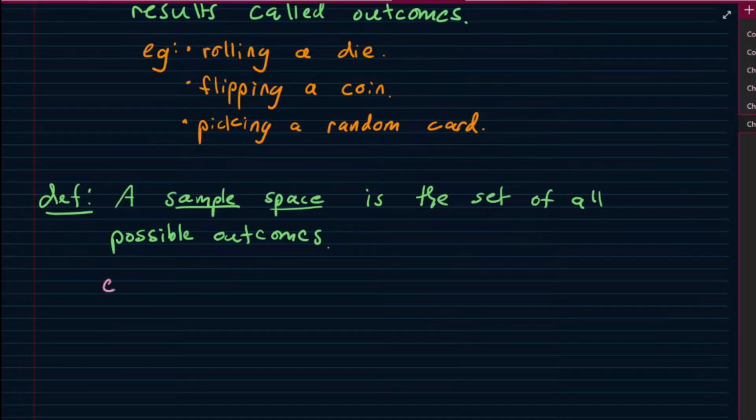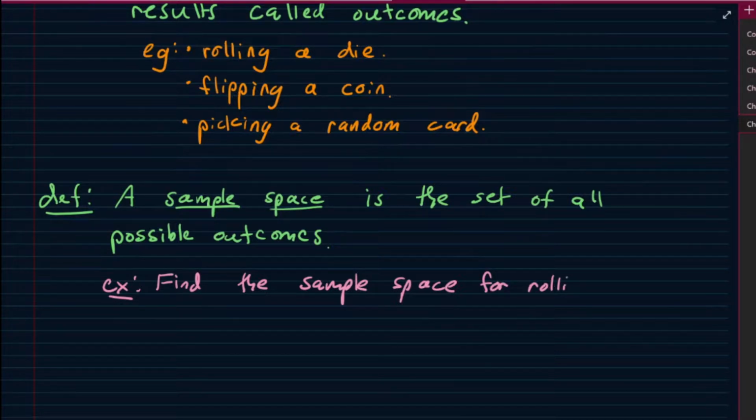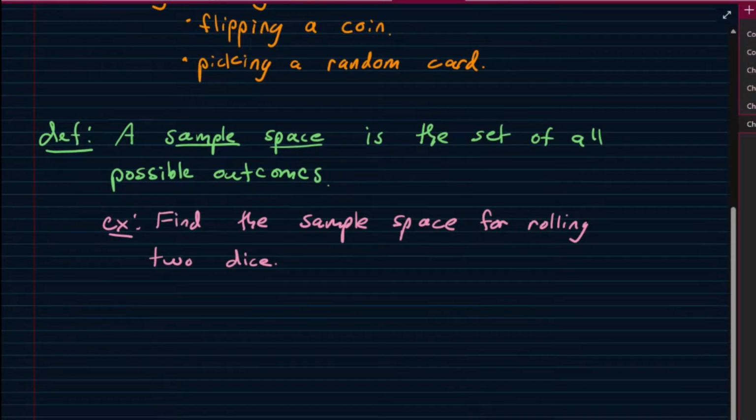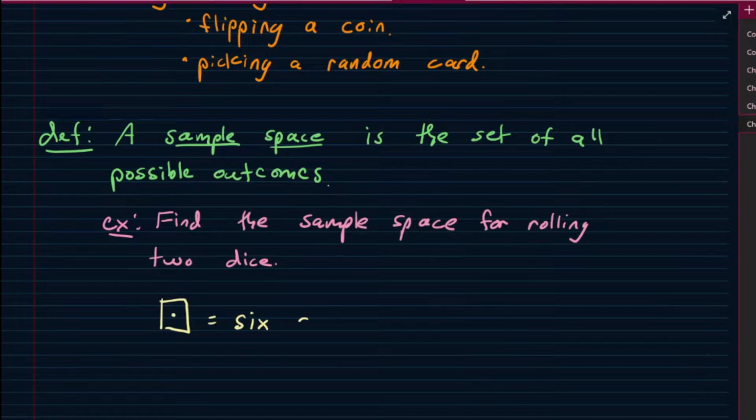Find the sample space for rolling 2 dice. And if perhaps you don't know what a die is, it has 6 sides, and they're 1, 2, 3, 4, 5, and 6.